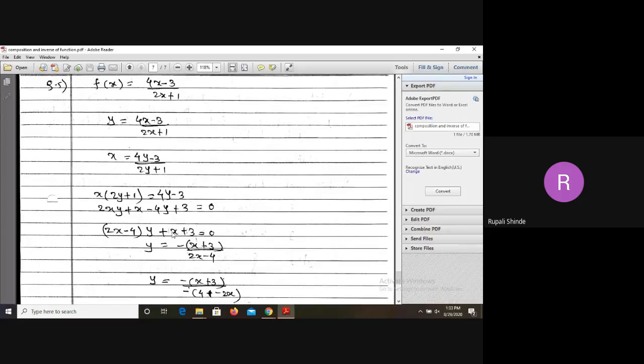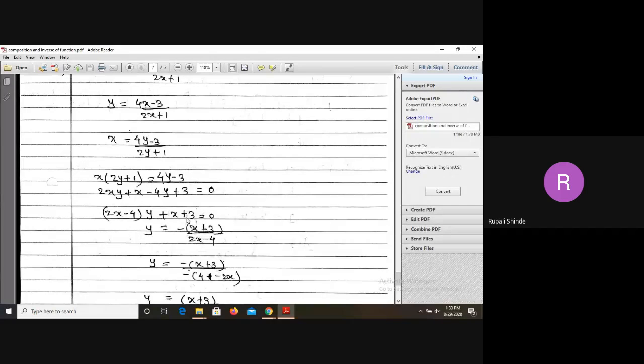Now again we can move this to the right side as minus inside the bracket x plus 3. Here that becomes plus, so here on RHS it becomes minus, and 2x minus 4 will be divided here. So this is the equation in terms of y.